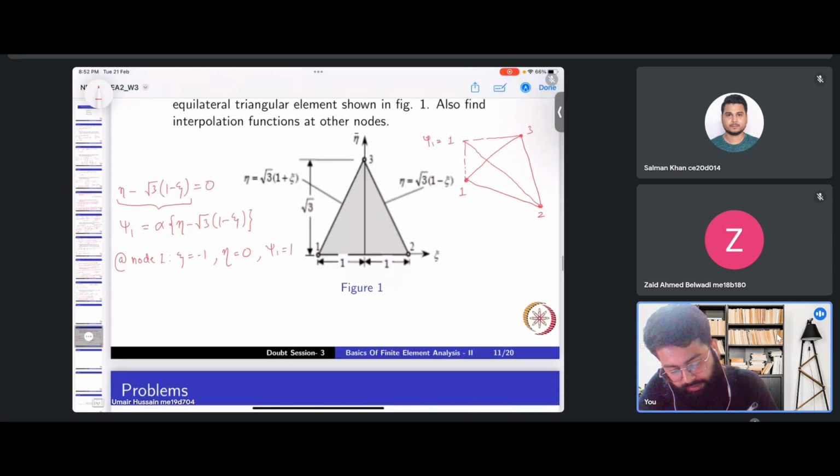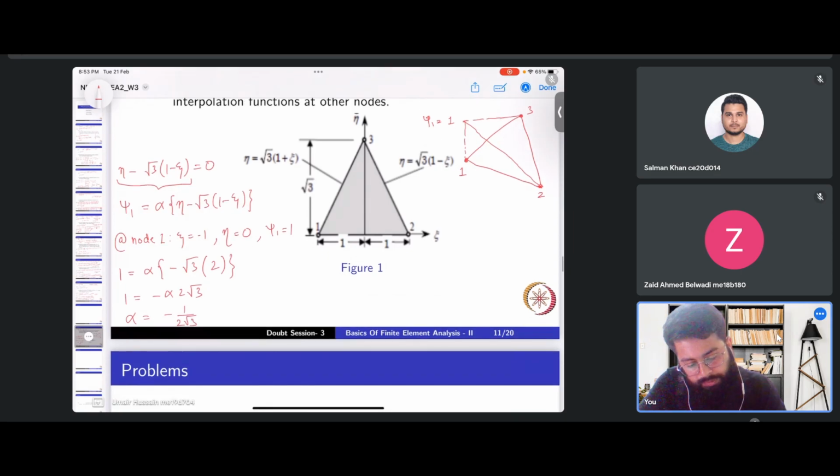So we can substitute these values in the equation above. So 1 equals alpha times eta is 0 minus root 3 times 1 minus minus 1 is 2. So we get 1 equals minus alpha 2 root 3. So alpha equals minus 1 by 2 root 3.